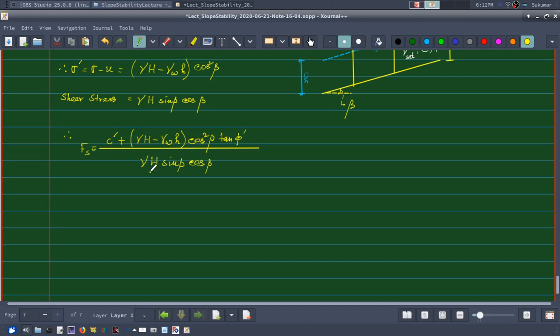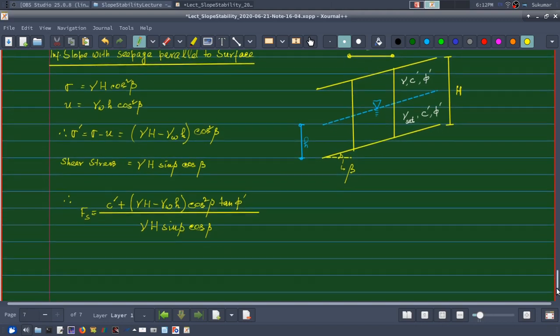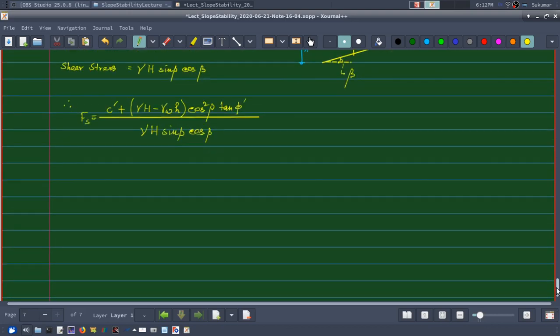Okay, now when the groundwater table is just at the surface, what will happen? When the small h and capital H become equal, in that case the whole soil is saturated, right? And therefore the equation will be slightly more simplified.